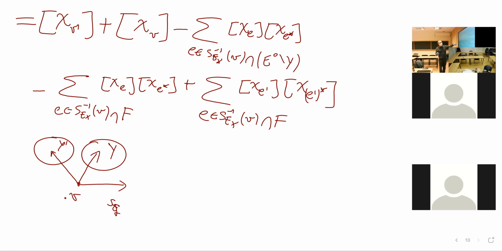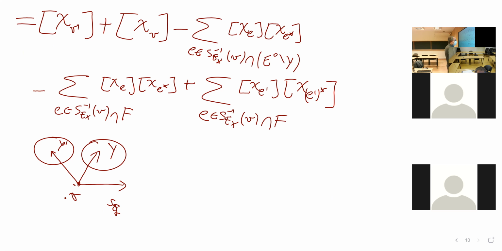But now, if you look at the first two sums, well, first I have edges emitted at V and ending beyond Y and beyond Y prime. Then I have edges emitted at D and ending at Y, all right? So what remains are precisely the edges which end in Y prime, but this is exactly the copy of edges which ends in Y prime. So I can now change this summation.